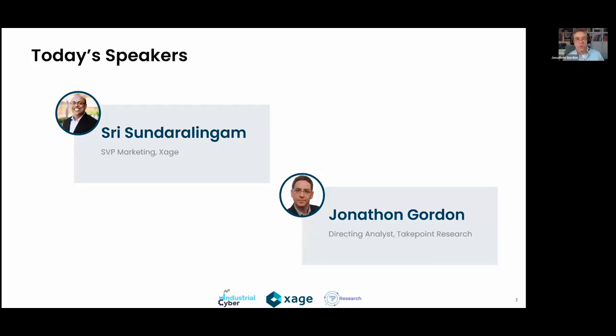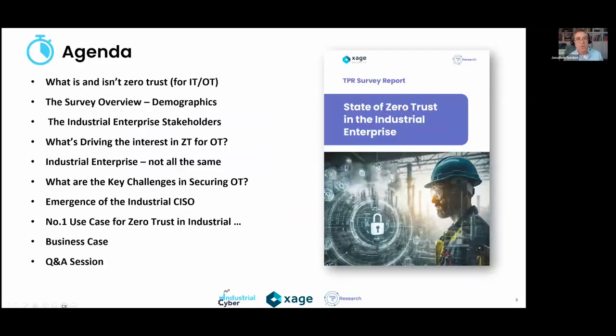So without further ado, let's take a look at the agenda. We have a packed agenda today. I'll try and run through it quickly, but hopefully it will still make sense. We're going to guide you through the report, beginning with an overview of zero trust, really definition, I guess it's our definition, and then look at the significance for IT and OT within the industrial sector and these enterprises.